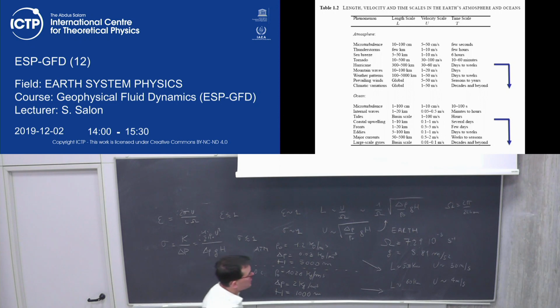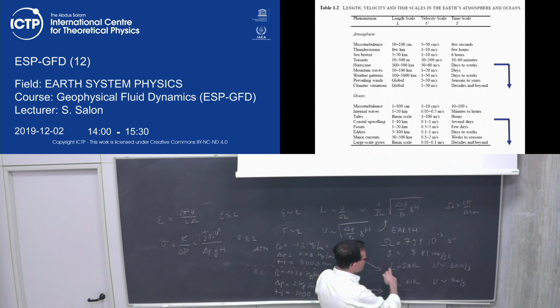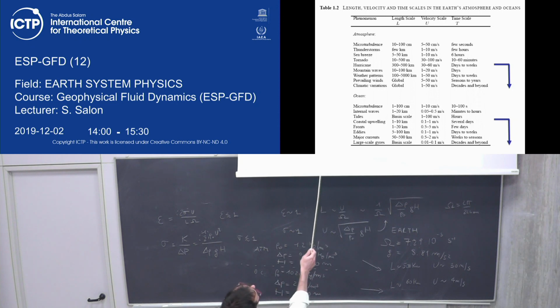Okay? So when we look at the table above, we can look for 500 kilometers in the atmosphere, and we have here hurricane or weather pattern, okay? Because these are the length and the velocity.